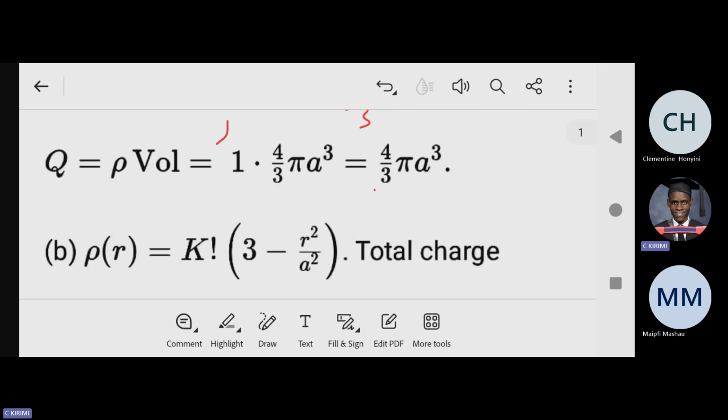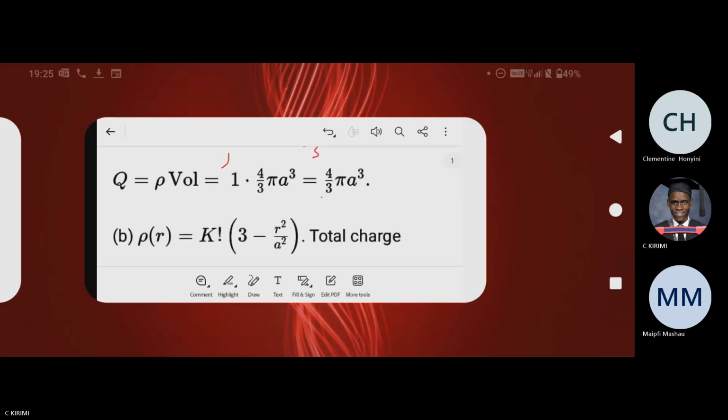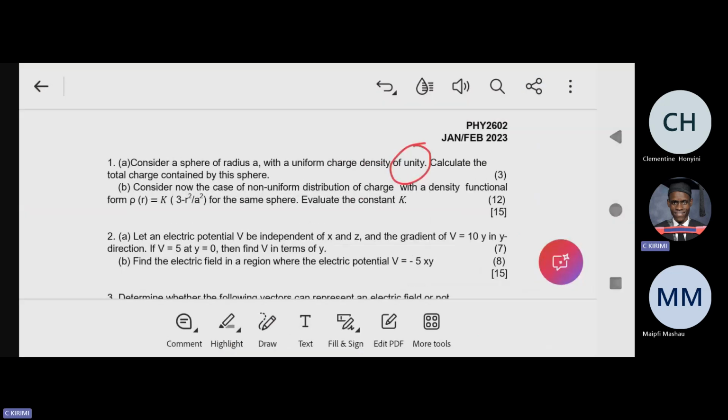Then the second one, it's asking for B. Consider now the case of non-uniform distribution. So the first part was for uniform distribution, and the second part is for non-uniform distribution of charge with a density functional form.